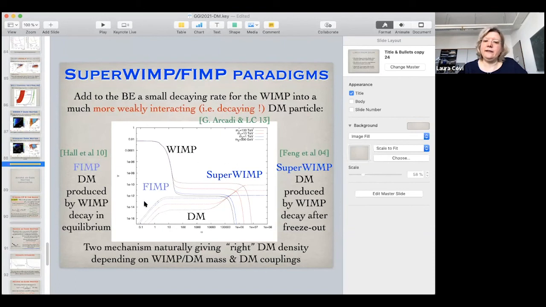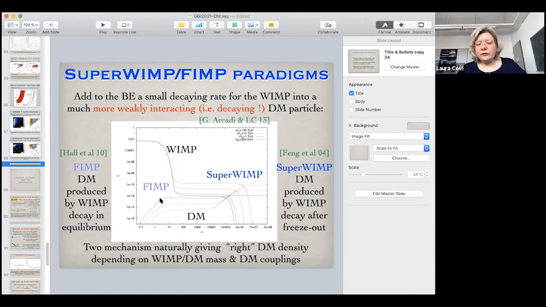And usually the characteristic of this FIMP, where you produce it from the thermal bath, and you have a renormalizable coupling, is that you build up the density of the dark matter slowly from the mother particle decay, for example, or scatterings, so that at the end you do exactly the opposite of the freezing out, and this is why it's called freezing in. So usually you go out of equilibrium, as you see here, and instead here you build up a density and you go again to a constant value when the mother particle starts to decouple.